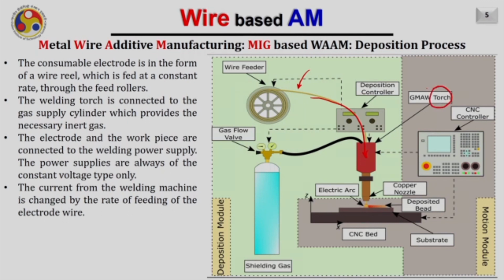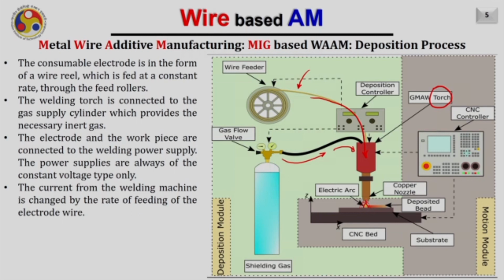The welding torch is connected to a gas supply cylinder which provides the necessary inert gas. So, you can see that this is the supply for the inert gas, and when the wire is coming out from here and creating the arc, this shielding gas provides the shield to this molten pool to protect it from the outside gases such as oxygen and prevent it to get oxidized immediately.